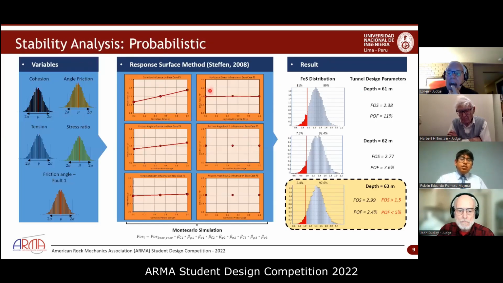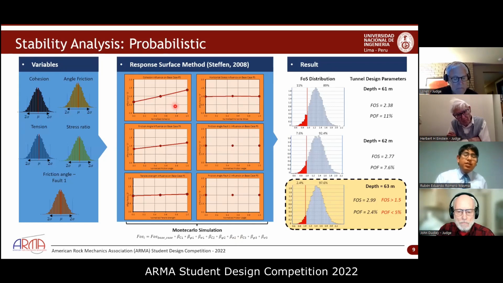Exactly, we considered all the parameters, but this response surface method was selected also because it can give us an estimation of the importance or the variation, specifically the effect of each parameter introduced.